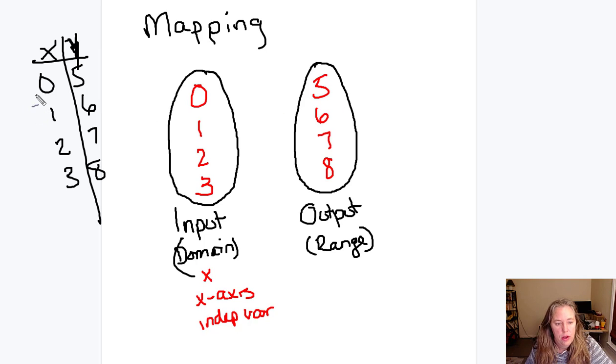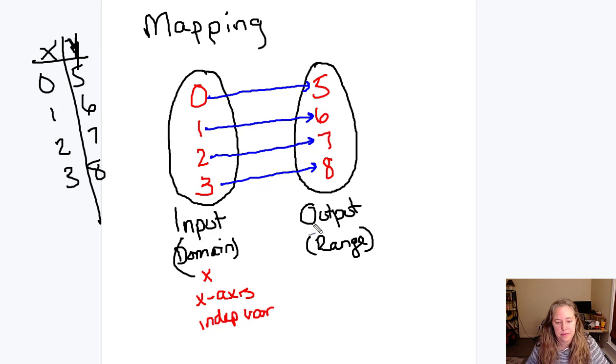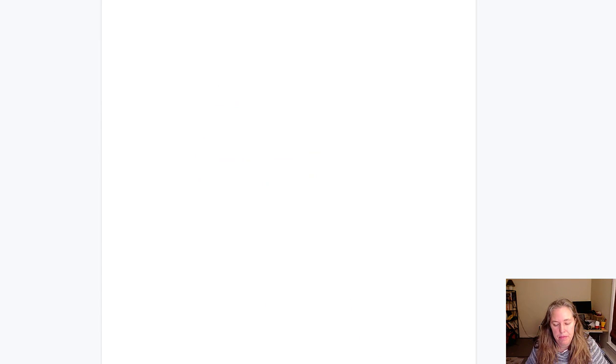You show that the input is a 0, the output is a 5, the input is a 1, the output is a 6, the input is a 2, the output is a 7. The input is a 3, the output is an 8.